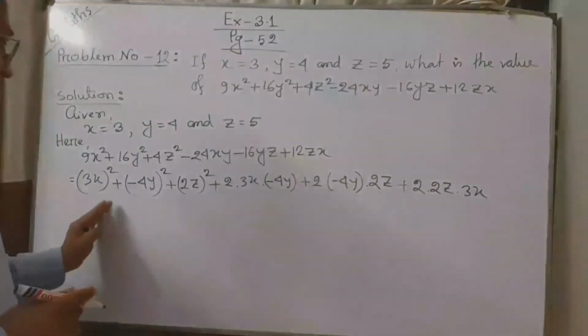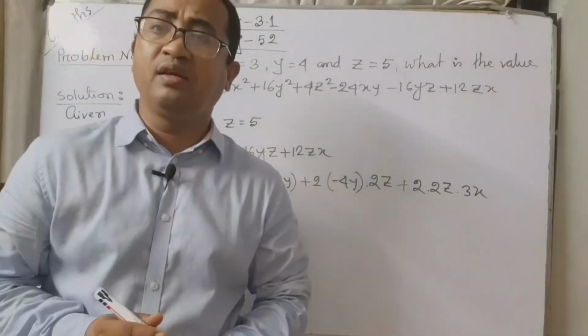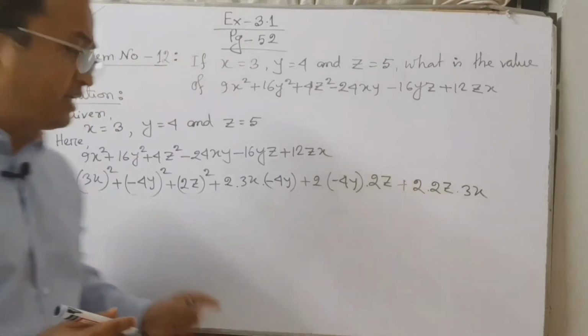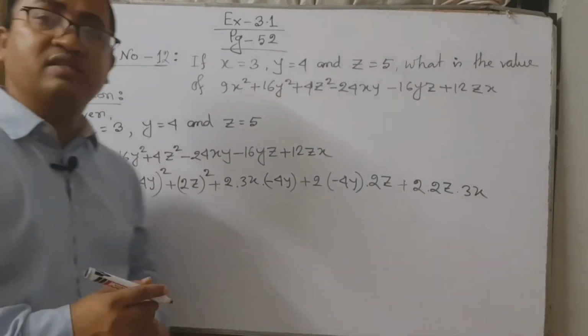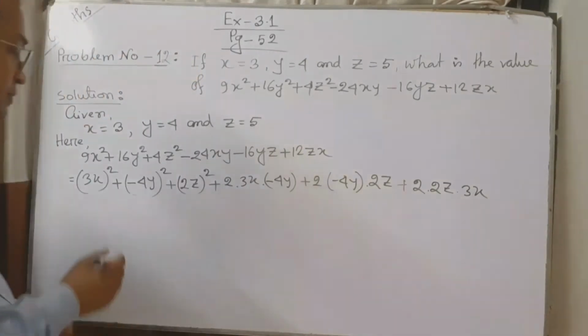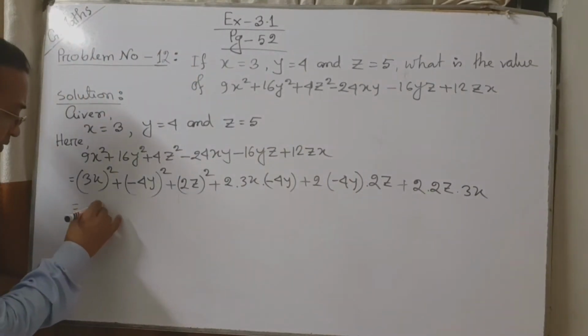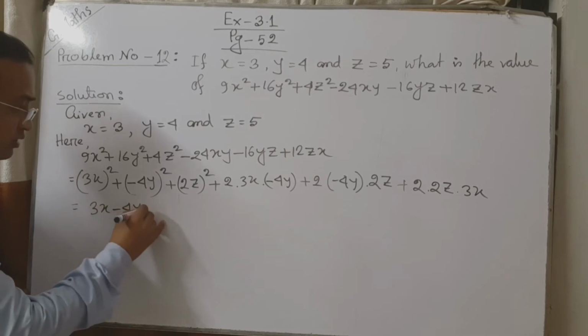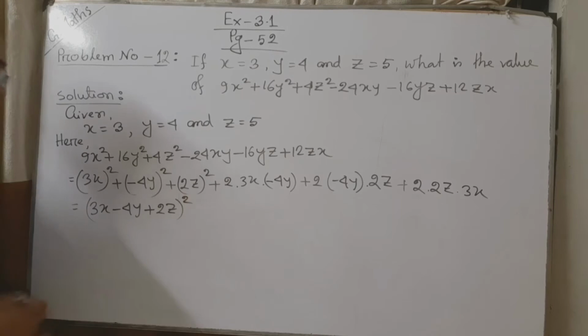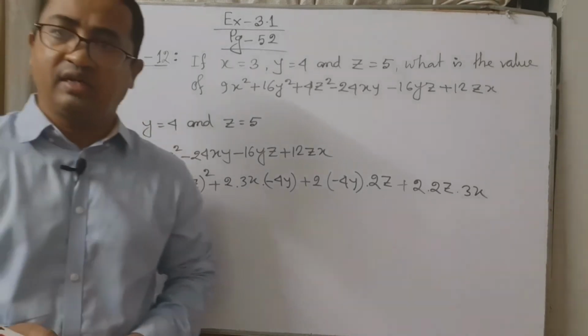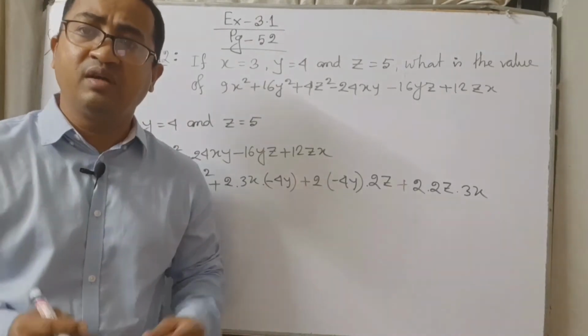Now look, this is the formula of (a plus b plus c) whole square. Here a is 3x, b is minus 4y, and c is plus 2z. So it becomes a small expression and it also becomes easier. Now you can put the values of x, y, z and you will get your desired answer very easily.